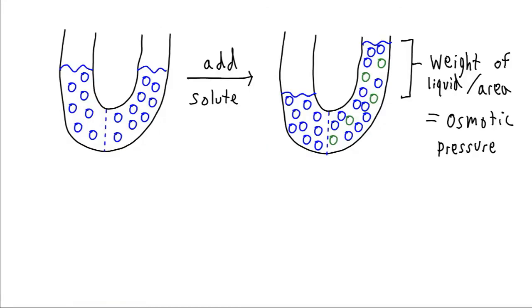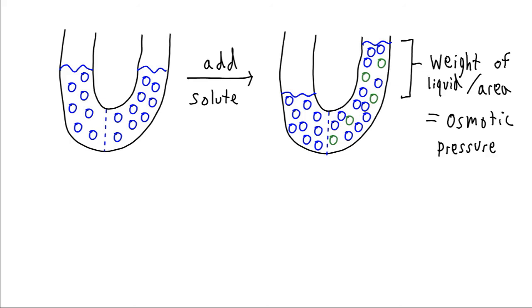A way to visualize this osmotic pressure, we can add a liquid to this U-shaped tubing with a semi-permeable membrane exactly in the middle. Now let's say that we add some solute to one side. Well, we know that's going to decrease the osmotic pressure on that side. It's going to block the flow of molecules this way, but the molecules this way will be unimpeded. So overall, we'll have a higher flow going to the right, and we'll wind up with more solution on the right side.